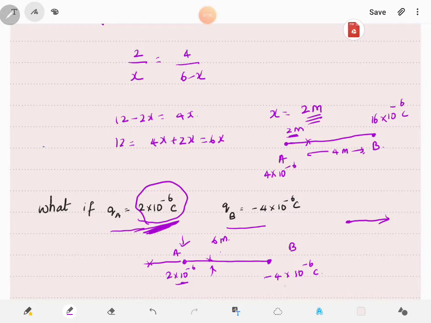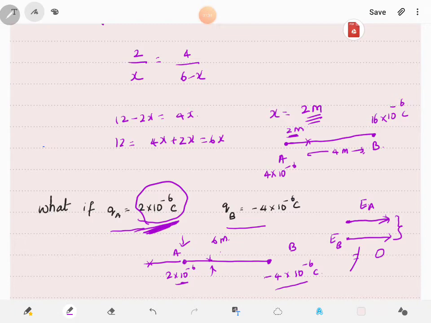Let's call this EA. Because B is a negative charge, the electric field at that point will be directed towards the charge. Therefore, this is the direction of EB.